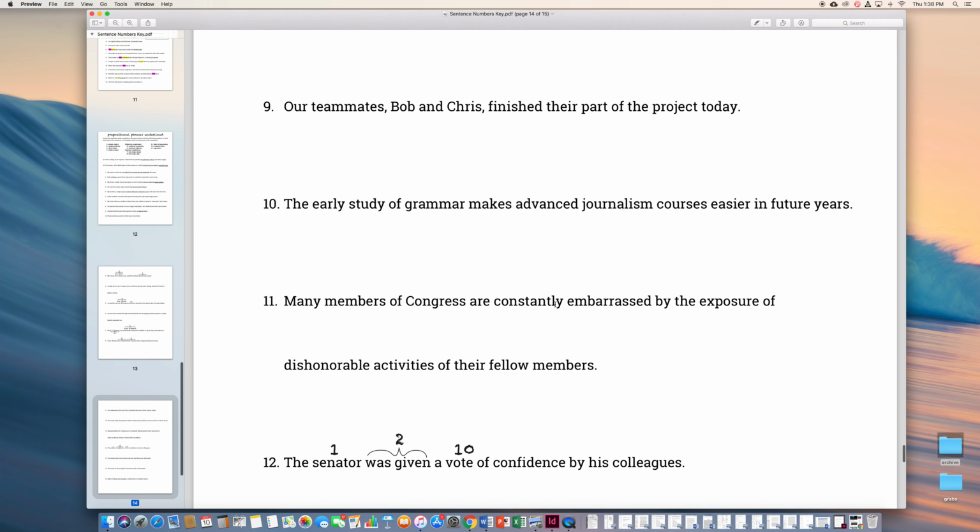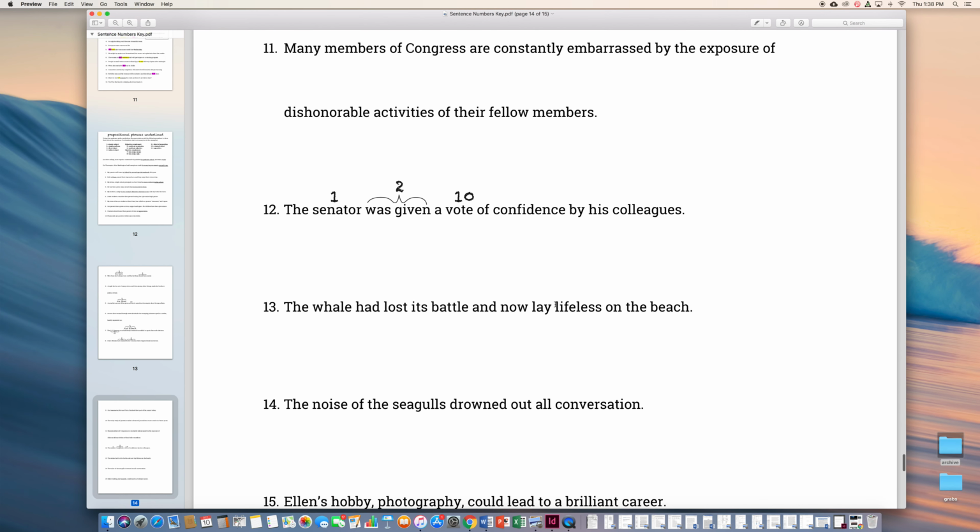Okay, I have another example of this here. So we have the subject senator, and then the verb was given, and vote, right? If colleagues gave the senator a vote, then the senator would be the indirect object. But in this construction, the indirect object has become the subject and is not the thing that is transmitting the action of the action verb.